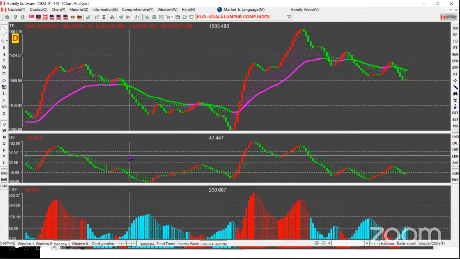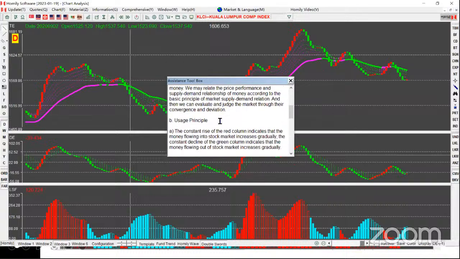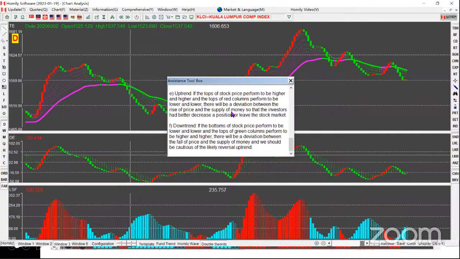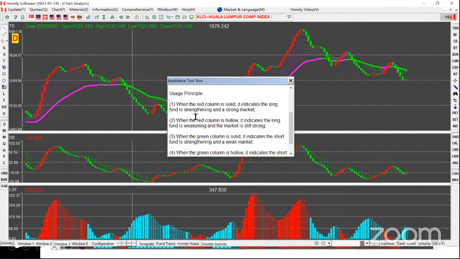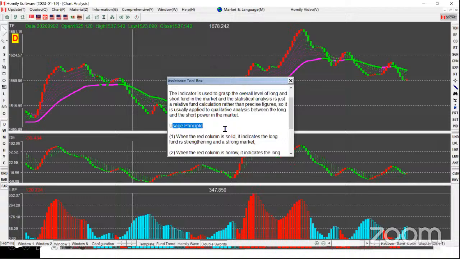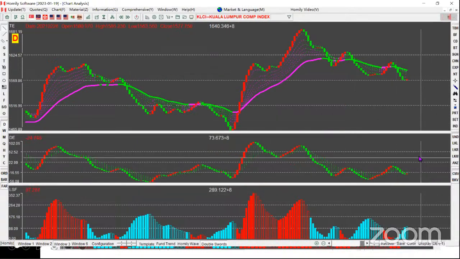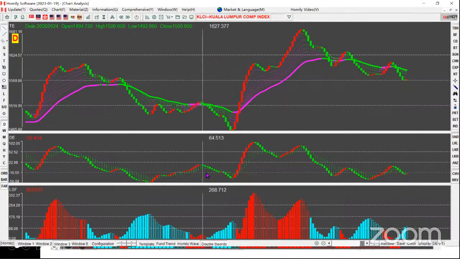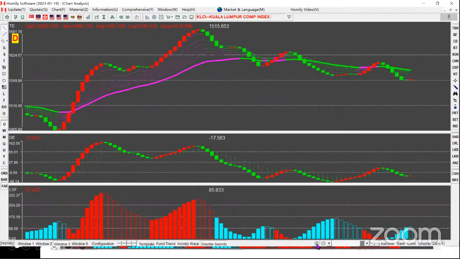In the second window, if you right click, you will see the description of the deviation expert. And this long and short fund also, right click and you will see the descriptions and the usage principle. So combine these 3 indicators together, and now we have a deeper understanding of these 3 indicators.